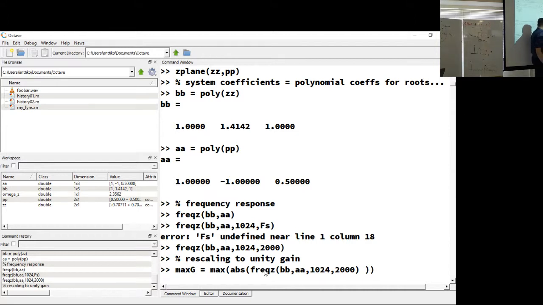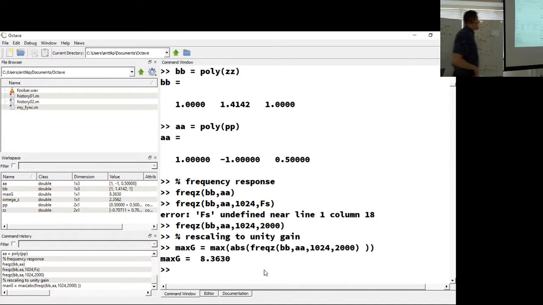If there is an output argument given for this function, then it returns the complex frequency response. It has the amplitude and phase information. So we take the absolute value of that one, which is the amplitude response, and then we take the maximum of those numbers. That's the brute force maximum gain.